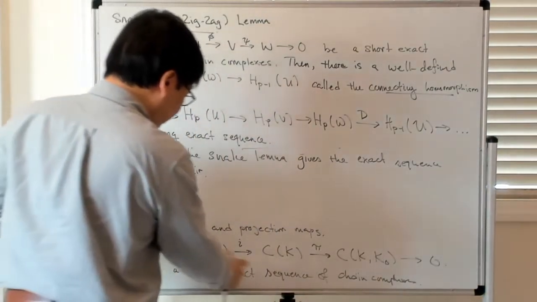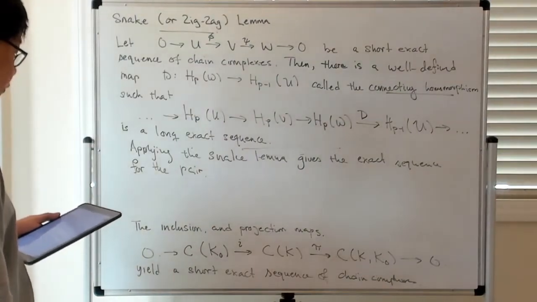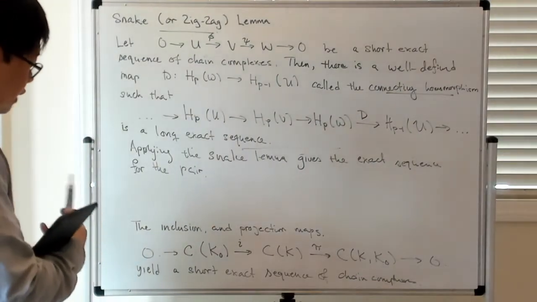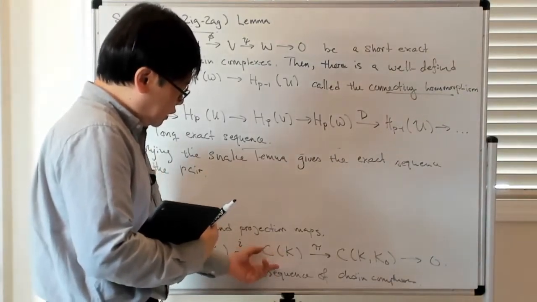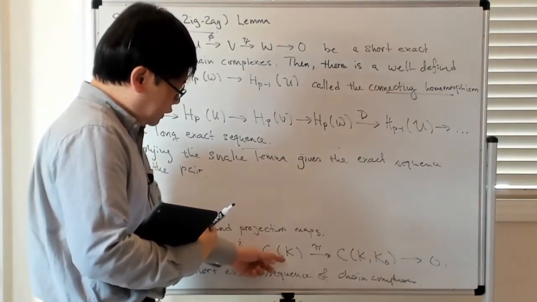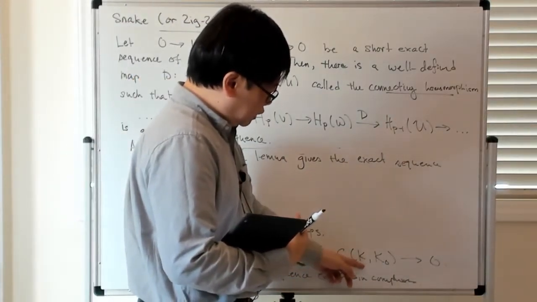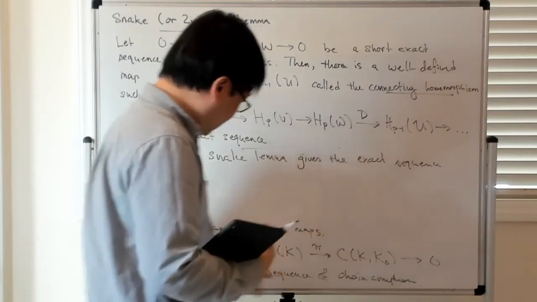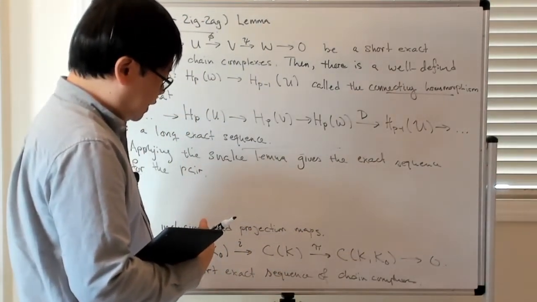Obviously, you have to show that this is a short exact sequence. Intuitively, that should be clear, because all things in C(K) come from something in the relative class and something in K_0.